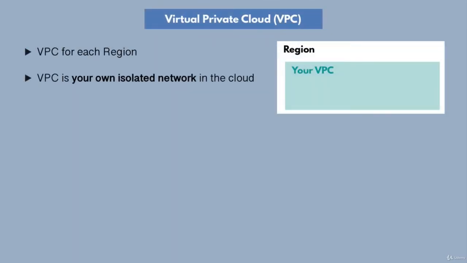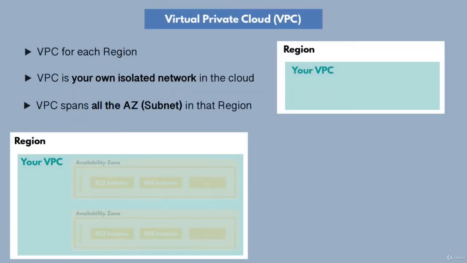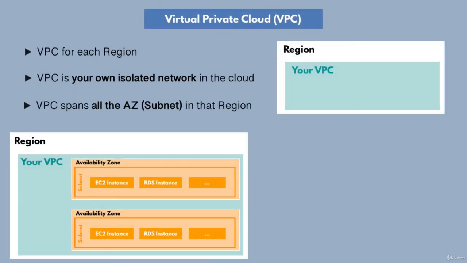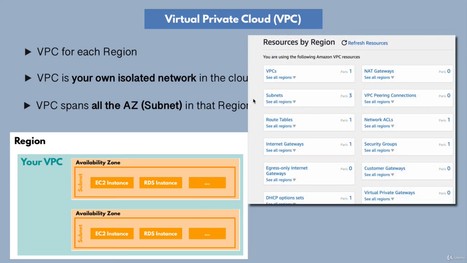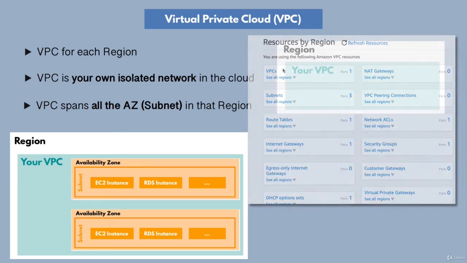So VPC will actually span all the availability zones in that specific region. So here you see Paris has 3 zones, and VPC actually spans all of these 3 zones.